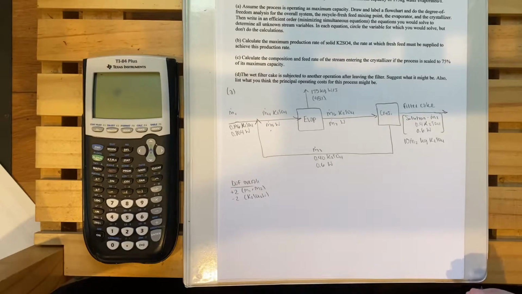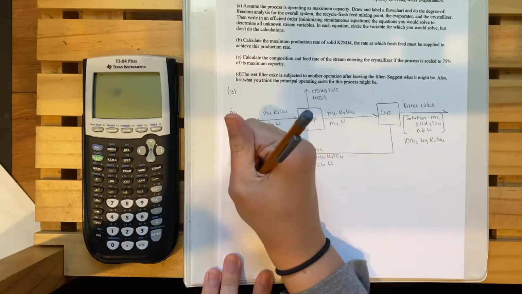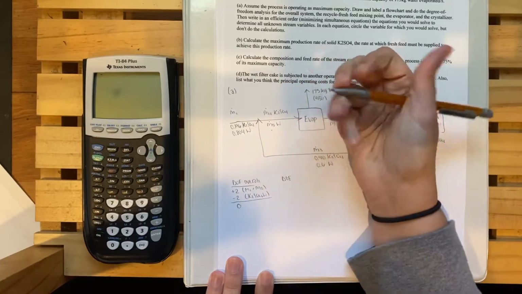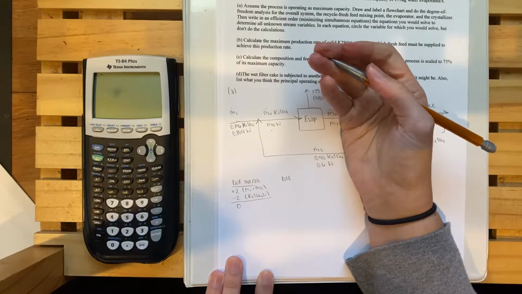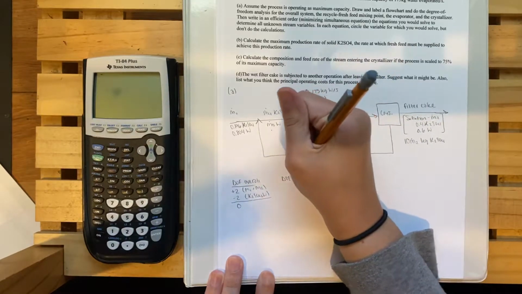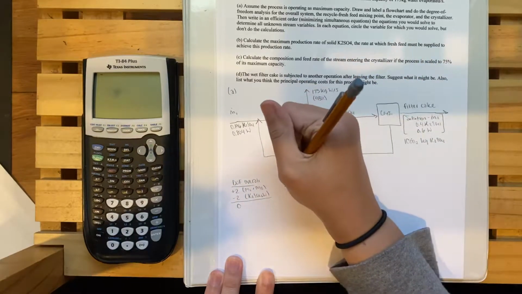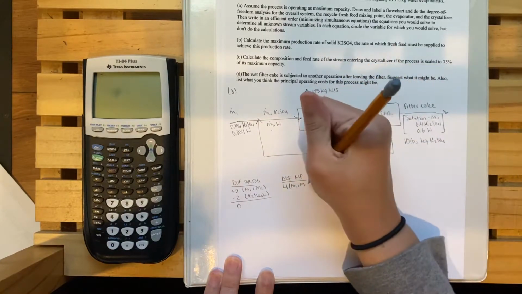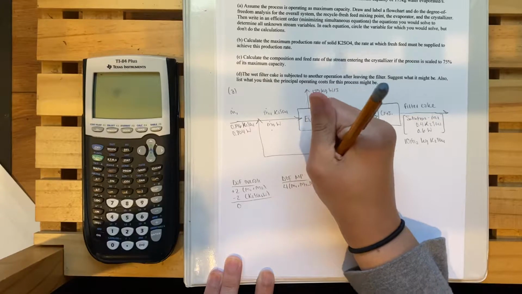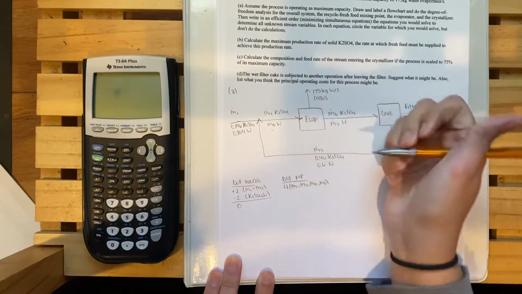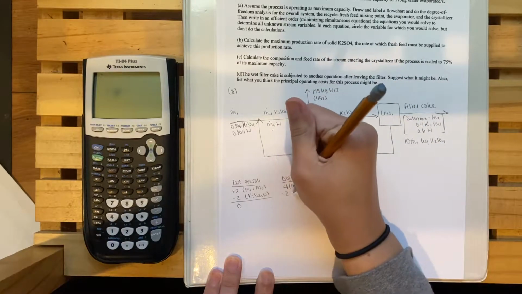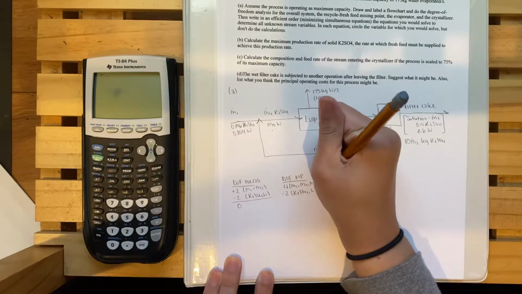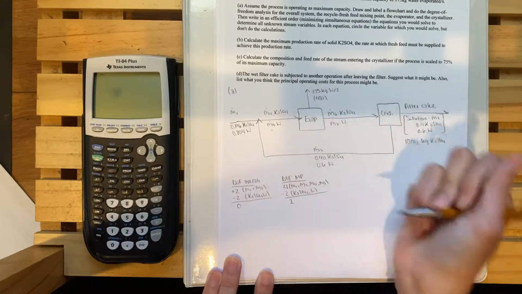That leaves us with a degree of freedom of 0. Now, degrees of freedom on the mixing point. On the mixing point, we have 4 unknowns, M1, M3, M4, M5, minus 2 balances, K2SO4 and water, so the degree of freedom is 2.